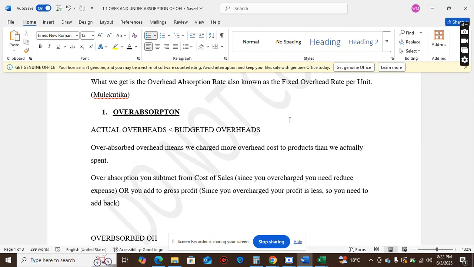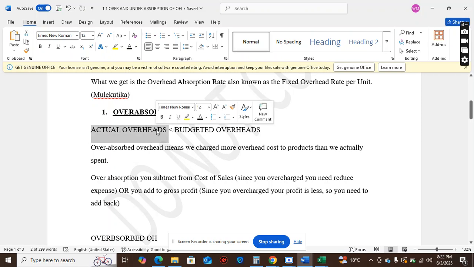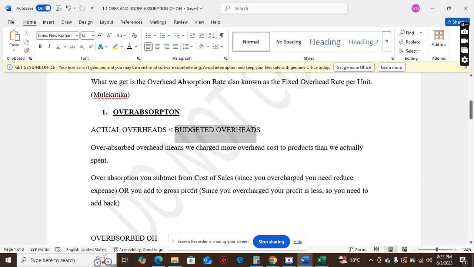When you've over-absorbed, your actual overheads, especially the fixed overheads, because here we're focusing on the fixed overheads, are going to be less than the budgeted overheads, because the budgeted overheads are the absorbed overheads. So when you've over-absorbed, it means you have included too much of the fixed costs into the units you are producing than you actually spent.